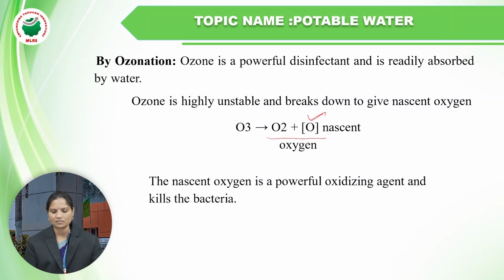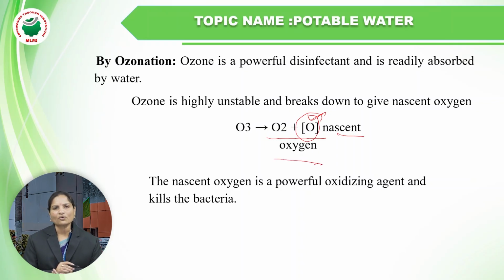When we pass ozone gas into our water for treatment, this ozone, being unstable, decomposes to form O2 plus a concentration of oxygen. This is what we call nascent oxygen.